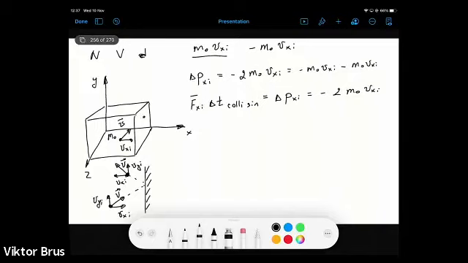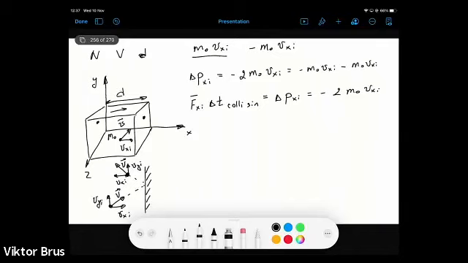So from this wall, it has to move here and then back in order to hit it again, because it's reflected. Here is the side of this cube, which is d.